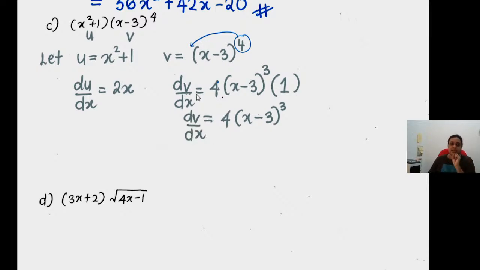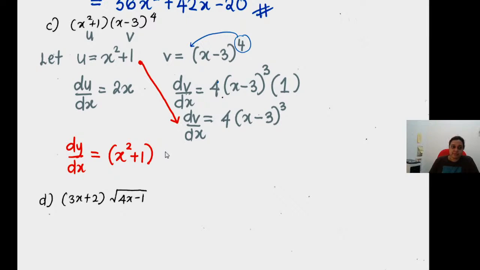Okay, done, ready. Now we can write the dy dx formula for product rule. Copy the u times with the dv dx. Okay, so I'm going to copy x squared plus 1 times. Since this is times, you can continue writing like this, but just to make it look clean, I'm going to put big bracket, because times you can put bracket and bracket.